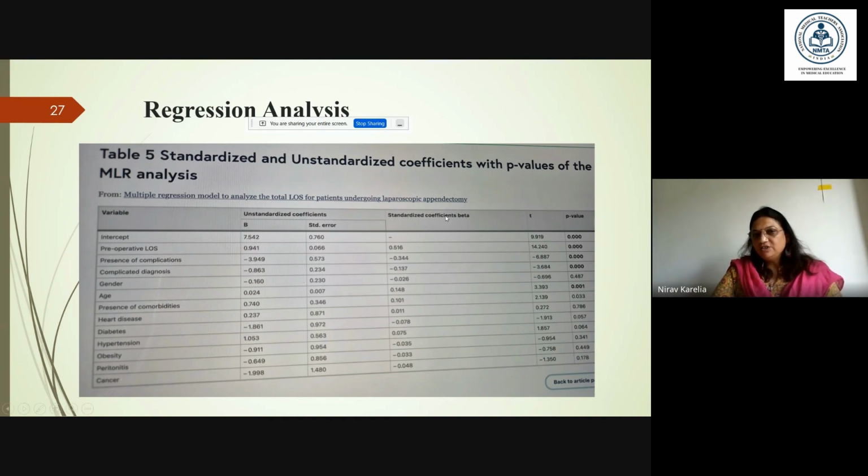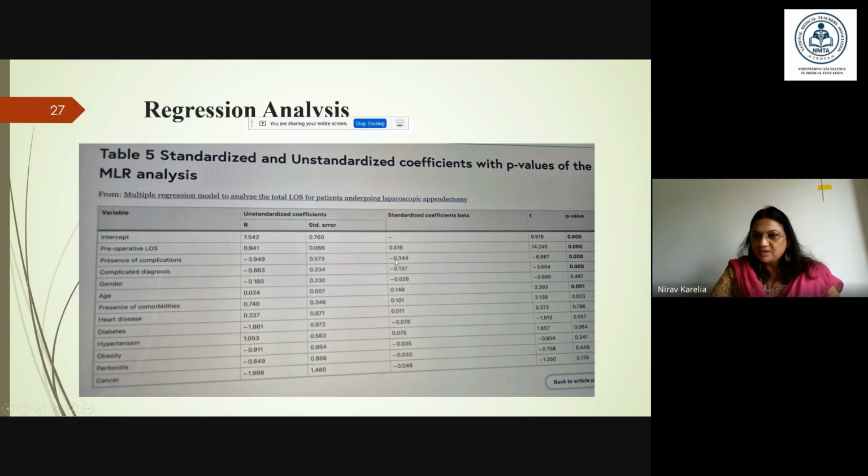Now there is also the standardized coefficient beta. This one is standardized and the other is unstandardized, based on the regression principle. Taking the first example, presence of complication, the unstandardized coefficient is minus 3.949 and the standardized coefficient is minus 0.344.